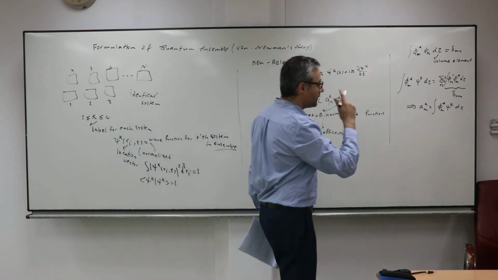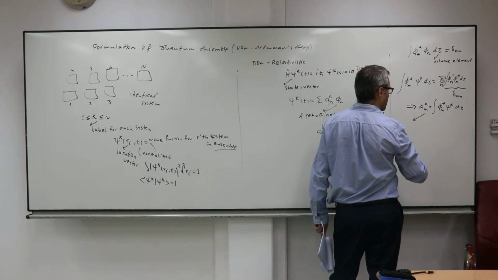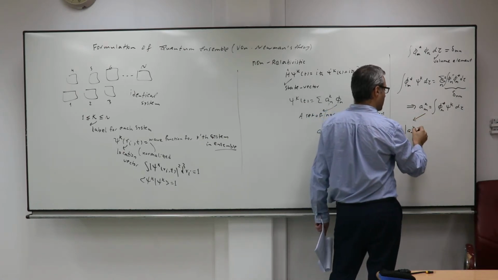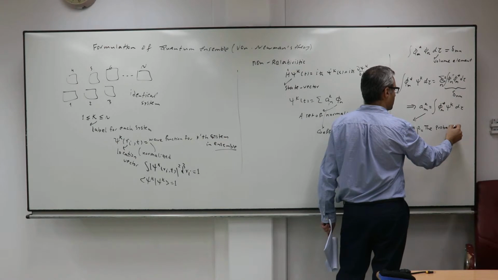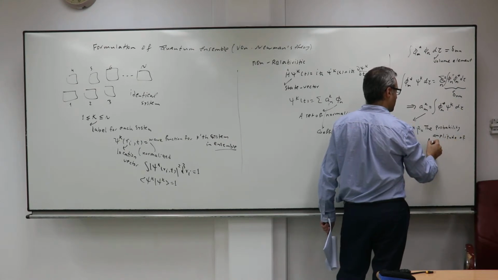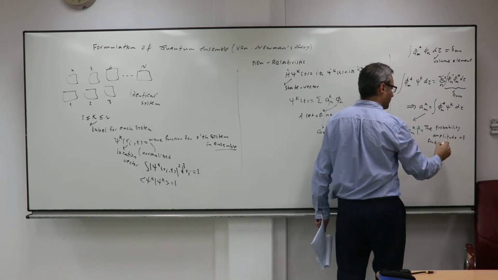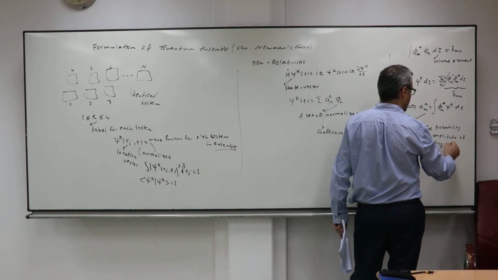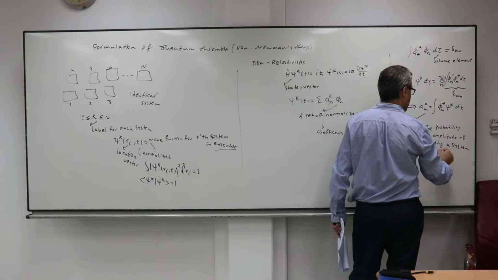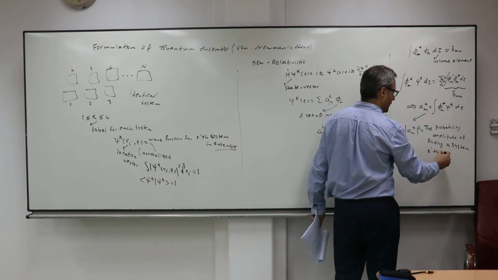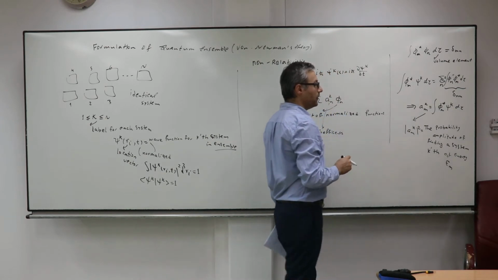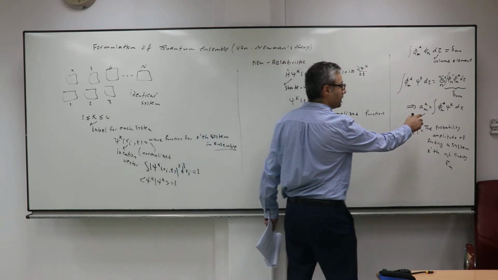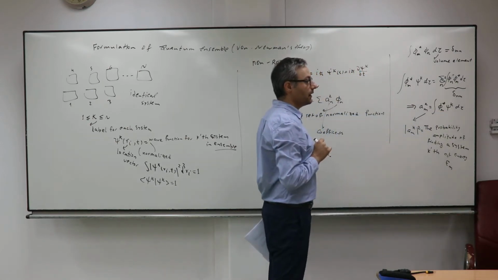Actually, what is the physical meaning of this? |a_mk|^2 is the probability of finding the k-th system at energy level m, if you consider the phi_n as eigenfunctions of the Hamiltonian.